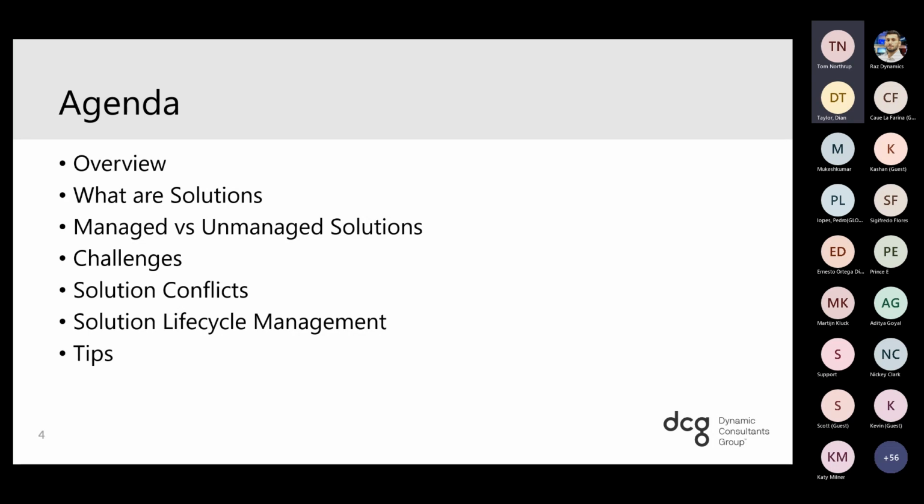However, really, when you're thinking about solutions, that is your application lifecycle management tool in the Power Platform and Dynamics 365. So it's important to know that all of what we're going to discuss today is going to help you understand how to manage your app or your environments so that you have some control over changes, promotion of code, stuff like that.